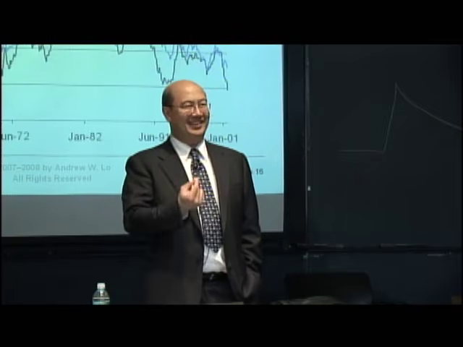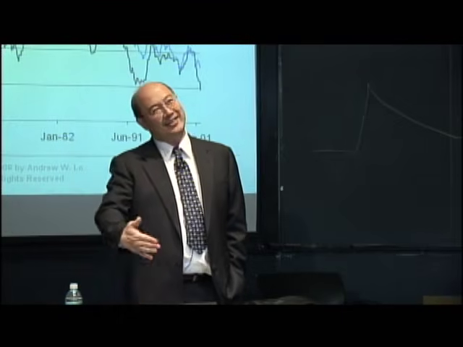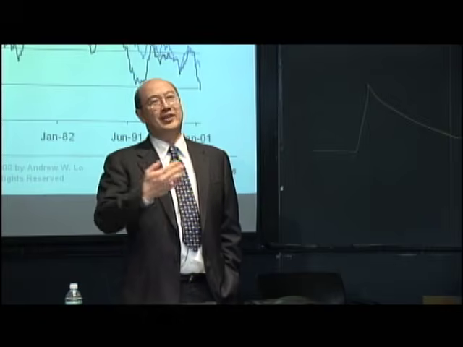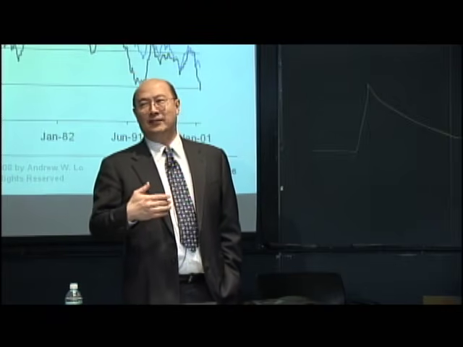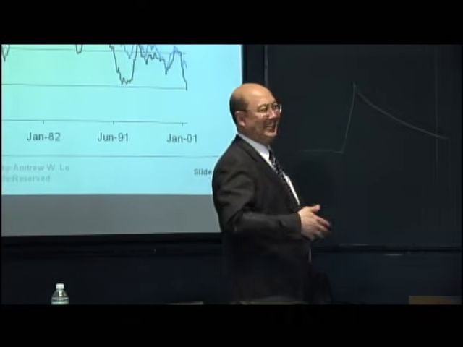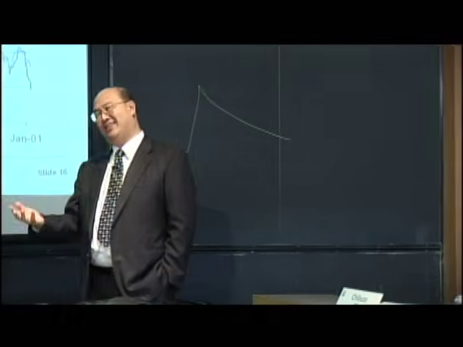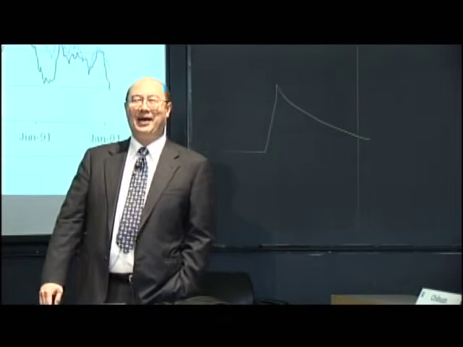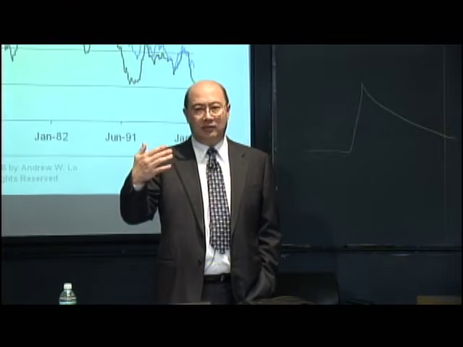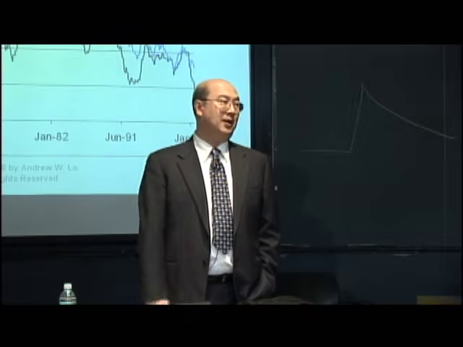When you're in the midst of it, it's not so easy to say. Based upon the historical evidence, it seems crazy to think that we could possibly be in such a low interest rate environment over the next 30 years, especially given that we're printing money like it's going out of style now, and we're going to be doing that over the next couple of years. We have to, because somebody's got to pay for all of these rescue packages, and so we basically have to engage in some kind of inflationary monetary and fiscal policy.